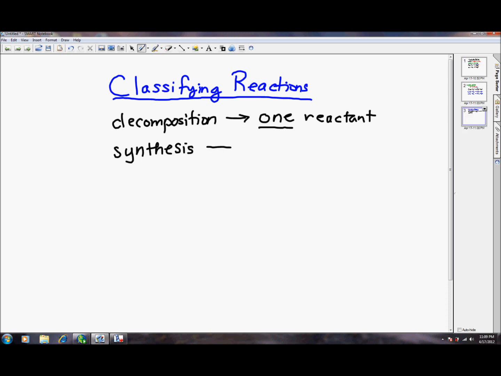Remember, synthesis reactions are kind of the opposite, if you will, of decomposition. They have one product. So if you see any chemical equation and there's a single compound to the right of the arrow, that will be one product.